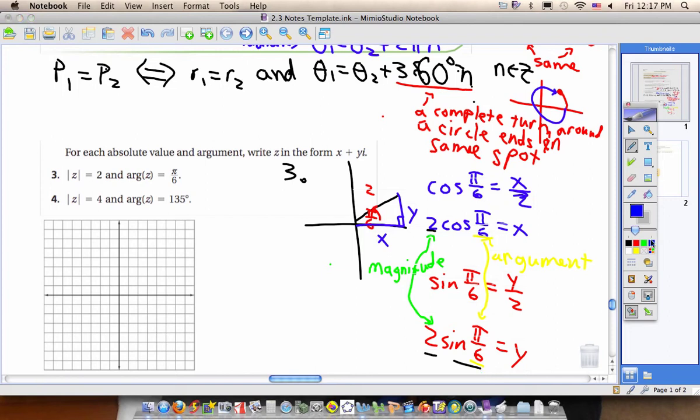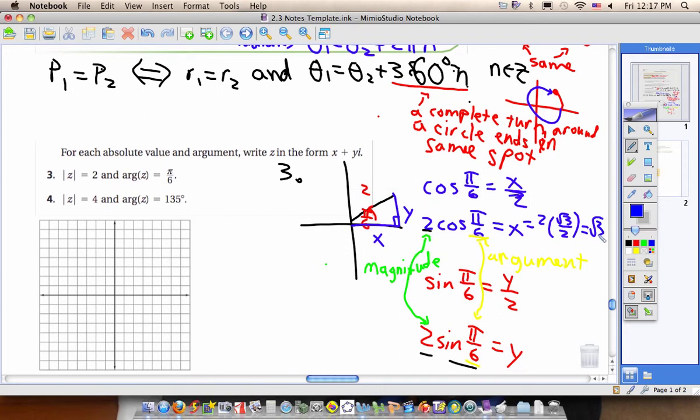Do you remember what's the cosine of pi over 6? No, not 1. 30 degrees cosine. Square root of 3 over 2. So we have 2 times square root of 3 over 2, so square root of 3. And then what was the sine of pi over 6?